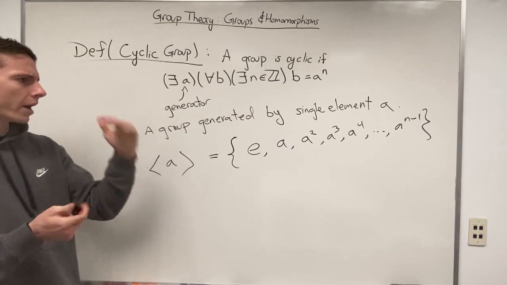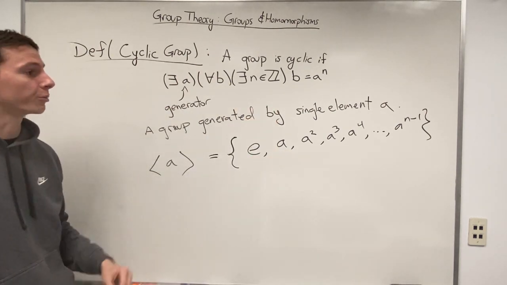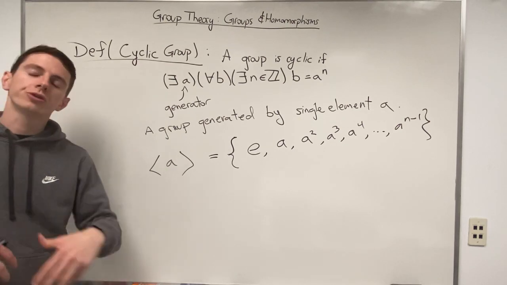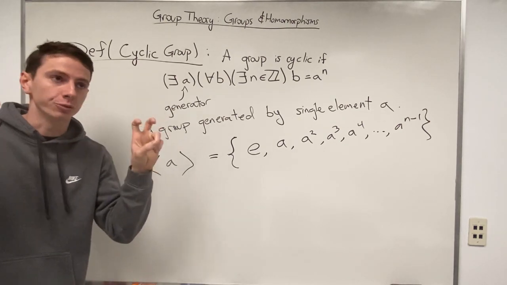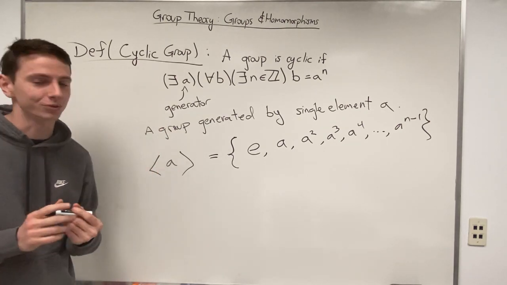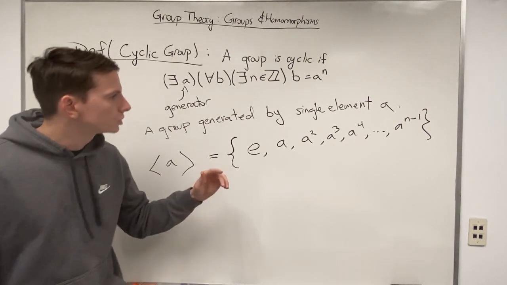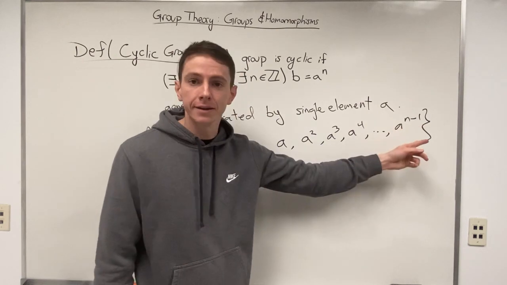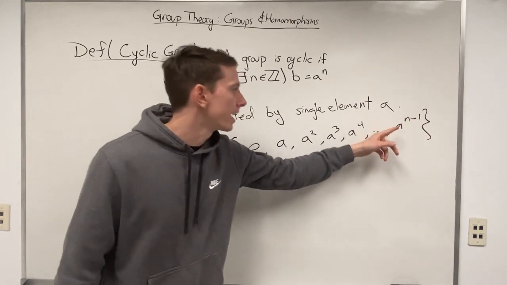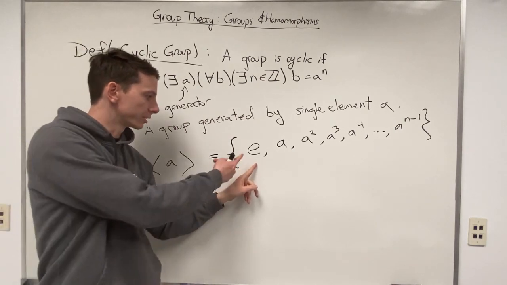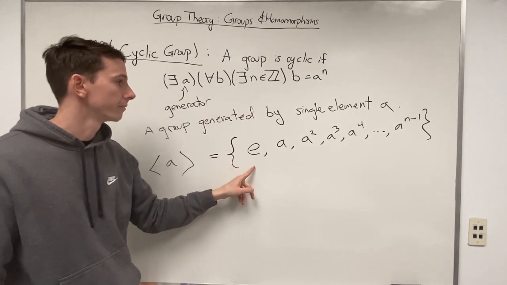Now we might say, why are we not continuing? Why are we not writing A to the n as well? This is where the notion of being a cyclic group becomes useful. The idea is that once we get to A to the n, that is just looping back around to the first element that we've written here on the board.